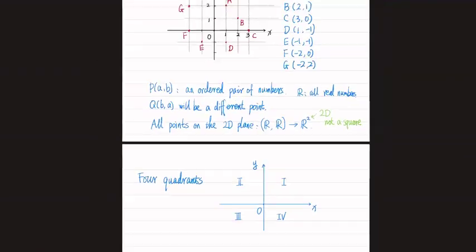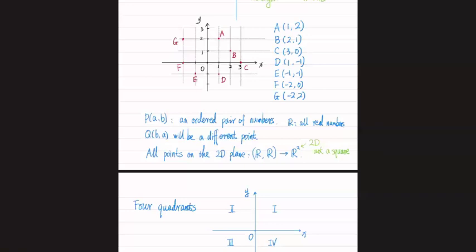With this, let's go back and check. Let's start with Amy. Point A, which quadrant is this point? First quadrant. And Kira, point B, first quadrant. And Zisheng, point C. Okay, this one is a little bit tricky.